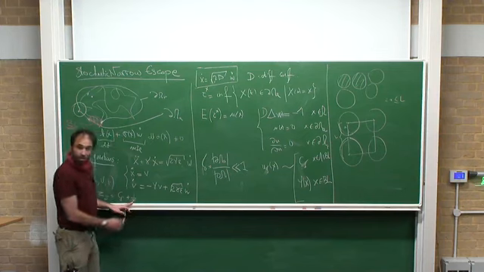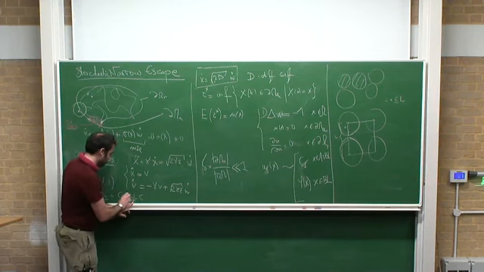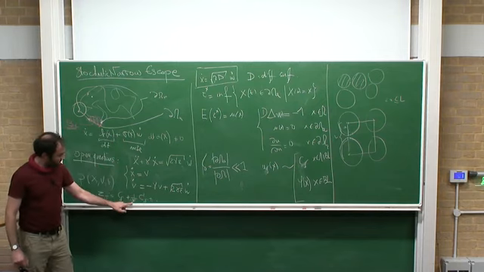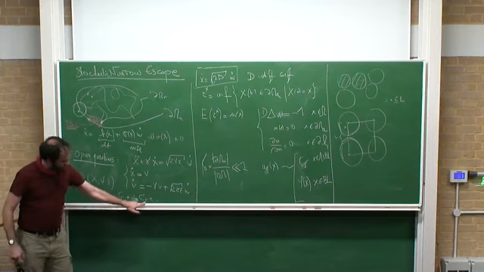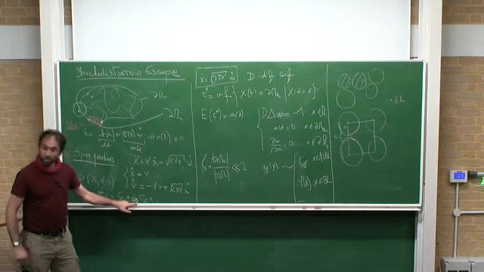I don't know what the power is. Let's call it C1 delta. There's going to be an expansion. But what exactly is this? This would be interesting.